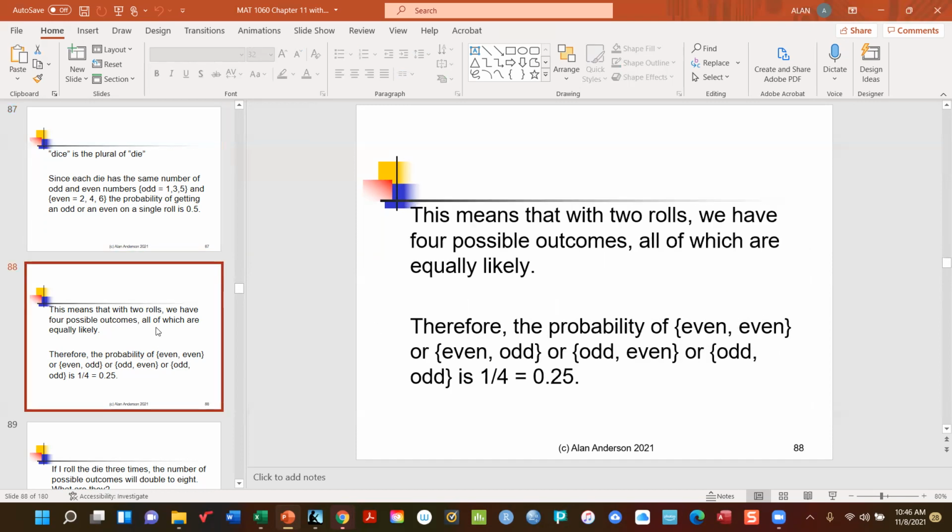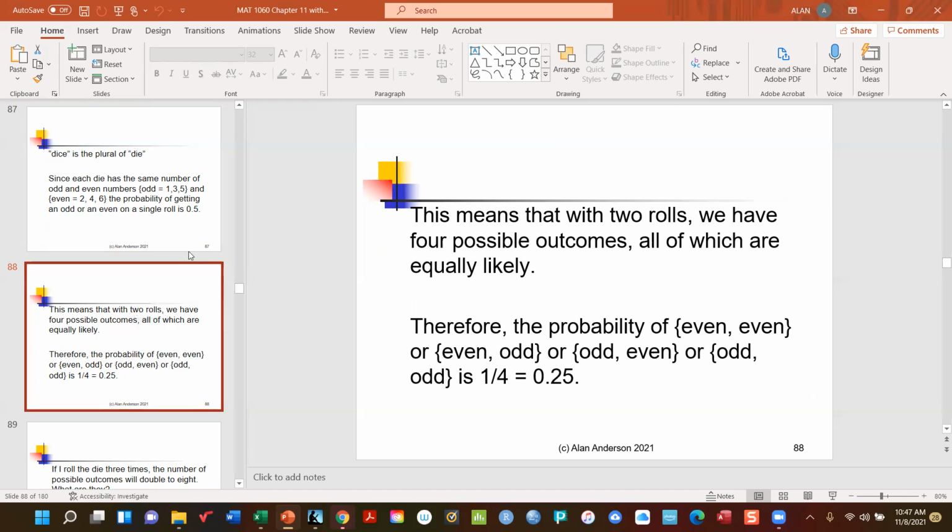Now, with 2 rolls, the number of possibilities is 4. And by the way, in case you're wondering, every time you roll the one die, the number of possible outcomes under these conditions will double. If you roll the die and you're paying attention to the individual numbers, every time you roll it, the number of possible outcomes is multiplied by 6.